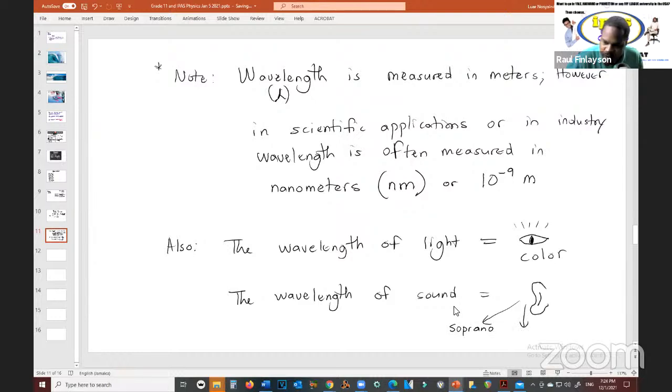Anybody know what I mean by soprano? All right, so soprano has a small wavelength. And then bass has a very large wavelength.